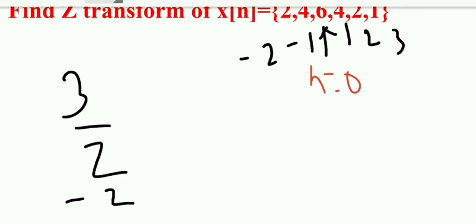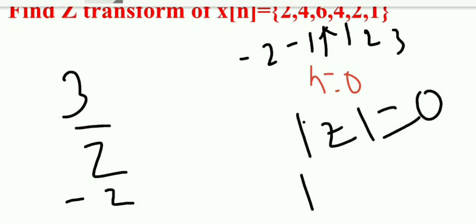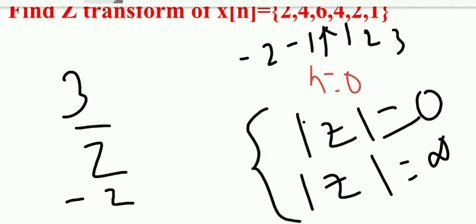Since it is a double side signal, for the right hand side part ROC is everywhere except z is equal to 0, so that condition applies. For the left hand side part ROC can be anywhere except z is equal to infinity. So for a double side signal we can find the z transform everywhere except z is equal to 0 and z is equal to infinity, because it has both right hand side and left hand side.